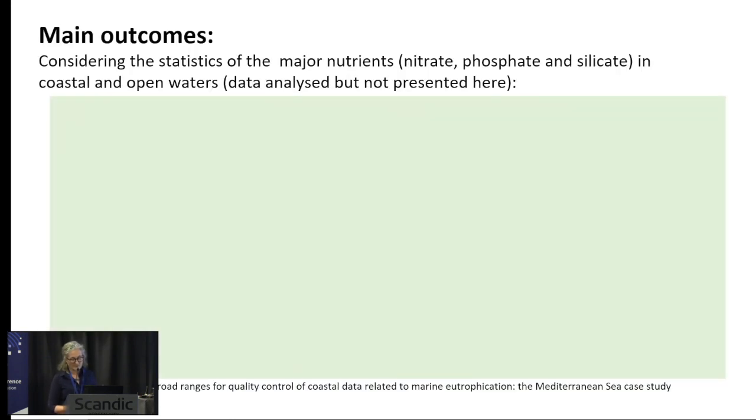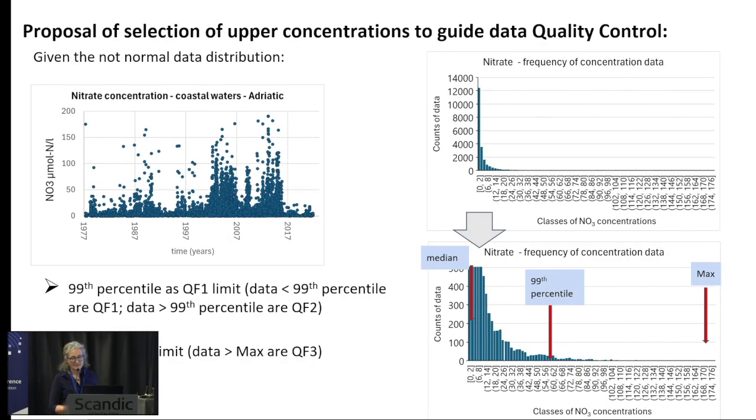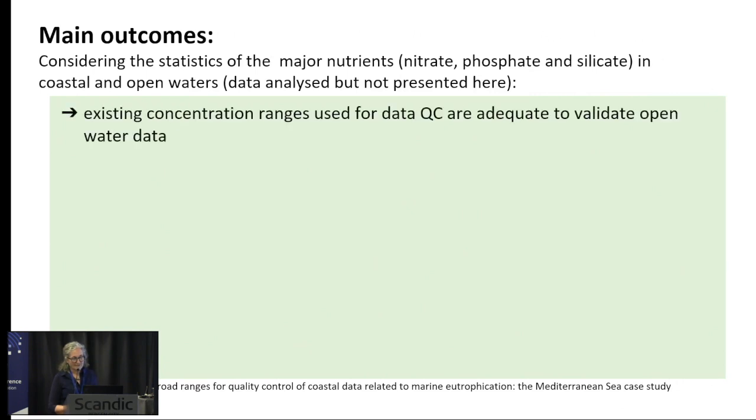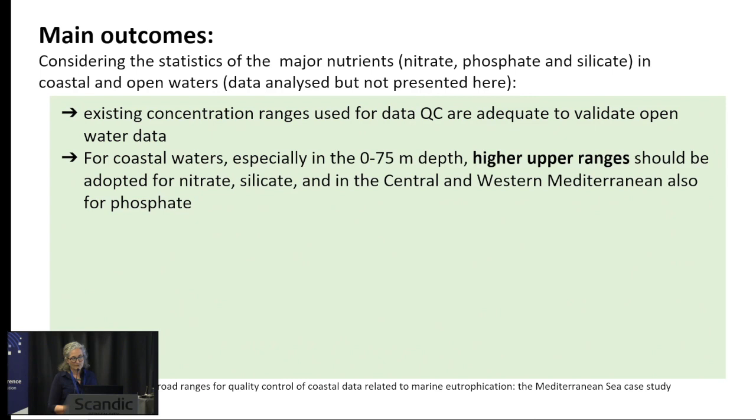On this process, on these limits, but we think that these statistics are more representative than the standard deviation which has been used so far. So, considering the statistics of the major nutrients, we can say that the existing concentration ranges are adequate for the open waters, but for the coastal waters, higher upper ranges should be adopted.